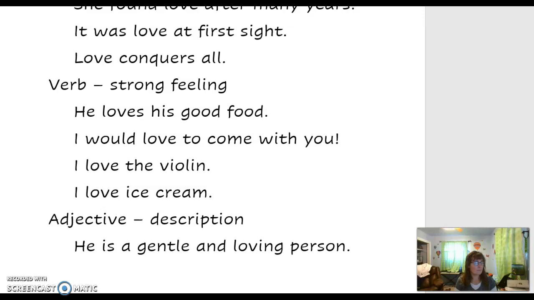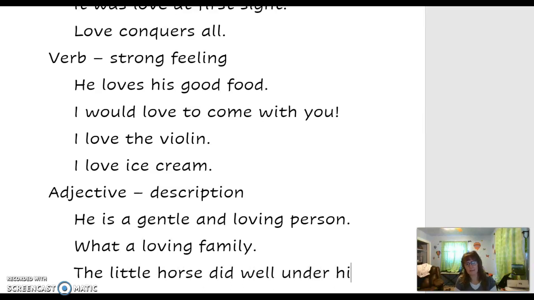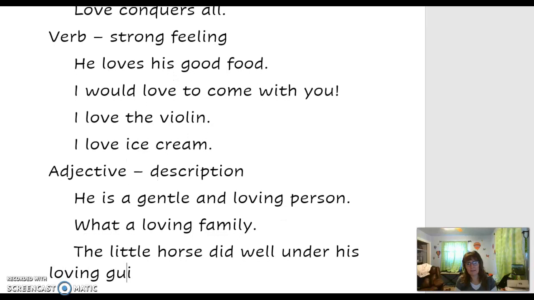Another example, what a loving family. The way that the interactions are, the way that you care for each other, that can be described as loving. Another example, the little horse did well under his loving guidance.